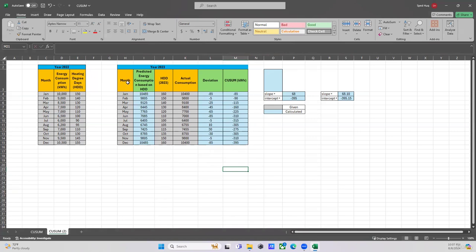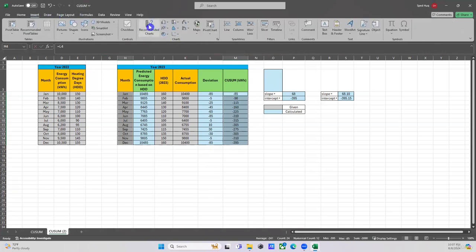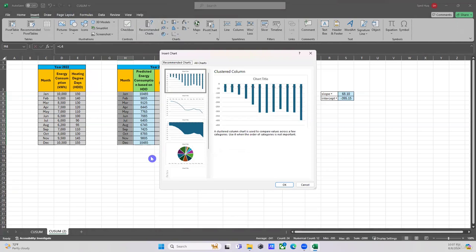So let's do a CUSUM chart. And you can do any kind of chart, it's up to you what kind you choose. But for now, let's choose this one.